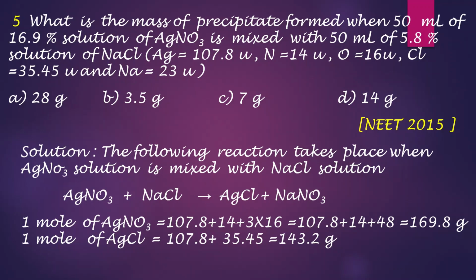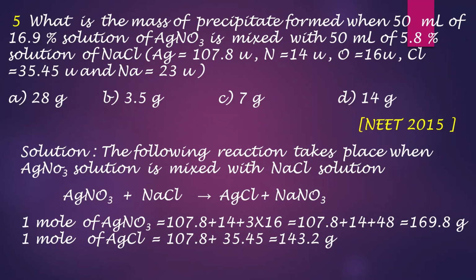Now, dear friends, in this question, it is given that 50 ml of 16.9% solution of AgNO3 is mixed with 50 ml of 5.8% solution of NaCl. Here, 16.9% solution of AgNO3 means if you take 100 ml of this solution, it will be containing 16.9 gram of the AgNO3.